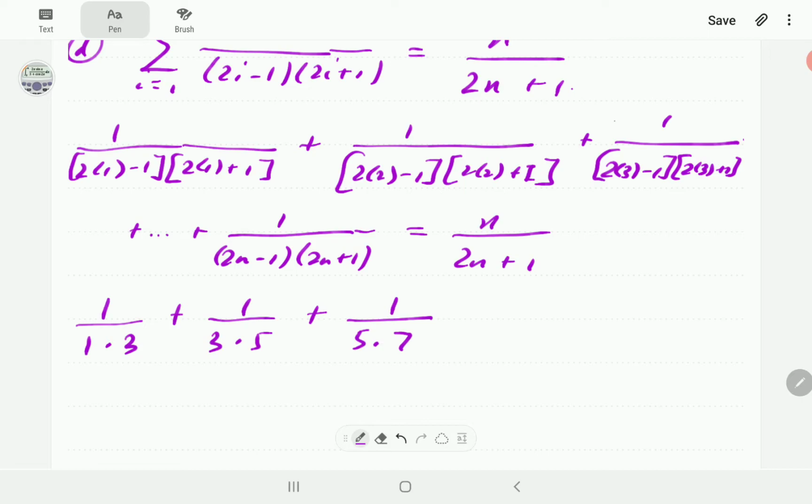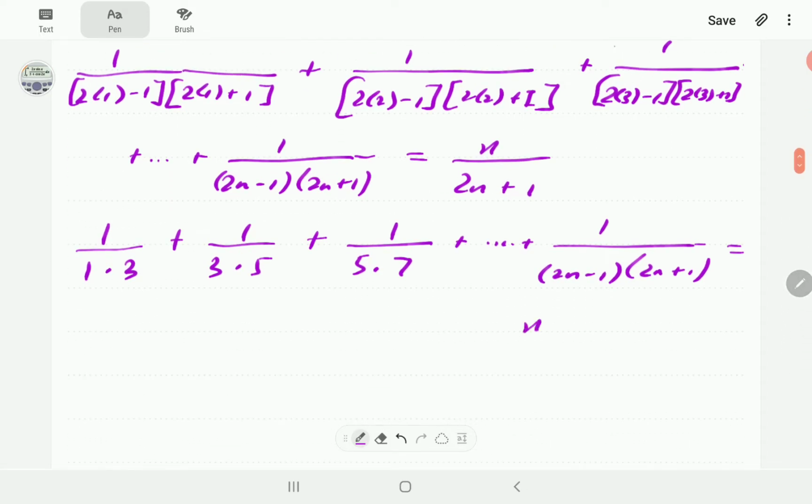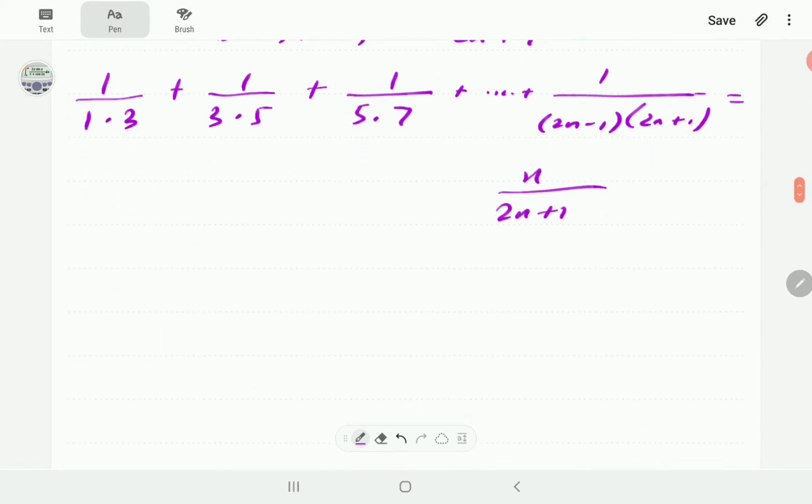So what's happening here is we are summing reciprocals of consecutive pairs of odd integers. So this is equal to n over 2n plus 1.